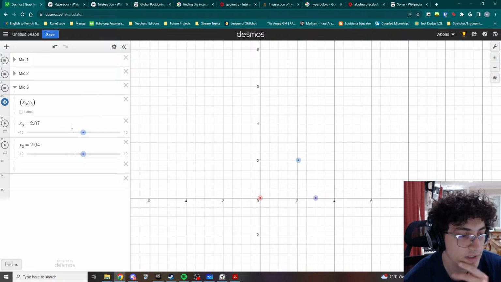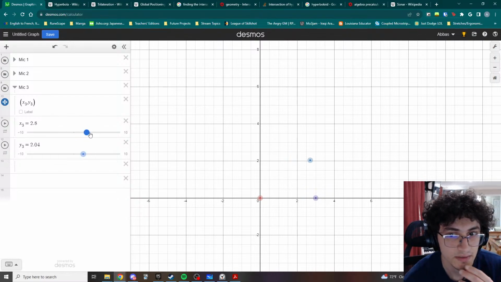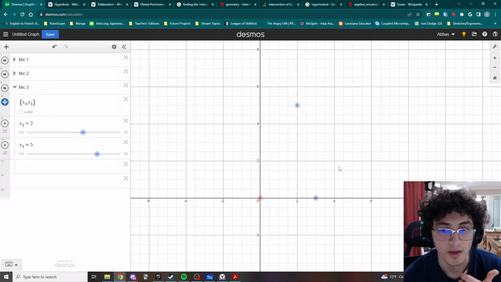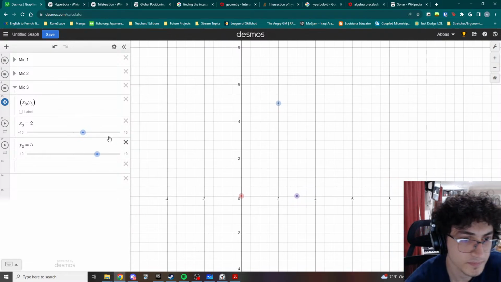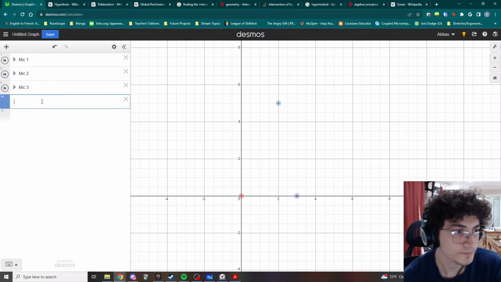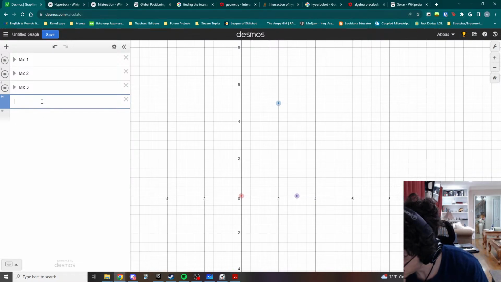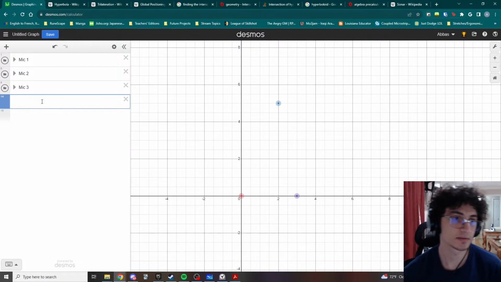And then microphone 3 will be at 2, 5. Sure. Okay, with the time of arrival method, we already know when the speaker sends out the sound, so it's much easier to calculate the distances and figure out where the speaker is placed.